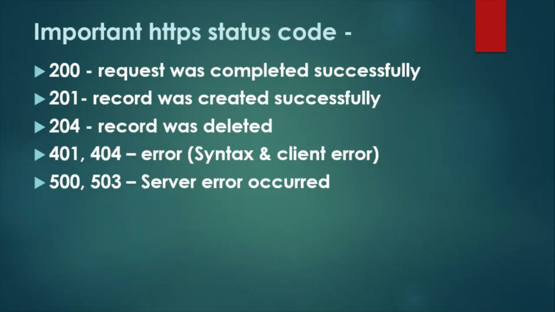Whenever we get 200, we can be sure that our request was completed successfully. 201 means the record was created successfully. 204 means the record was deleted. 401 and 404 are for errors. 401 is for unauthorized and 404 is a client error. And let's talk about 500 and 503. These are server related errors. Whenever any server related error occurs, it will be identified as 500 or 503.